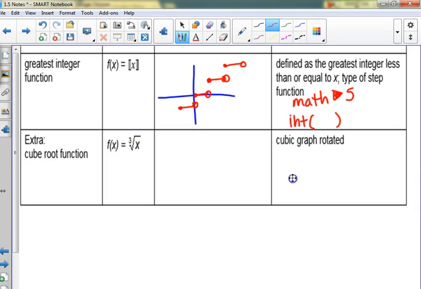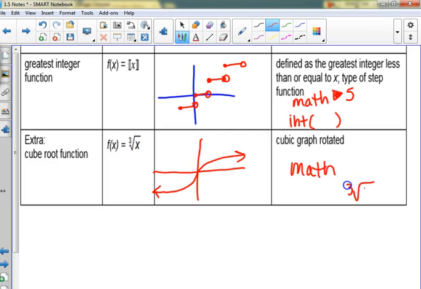All right, and a cube root function we will do in this class, and it looks like this. Actually, it looks pretty skinny, but that one's stretched, I guess. It's the cubic graph rotated sideways to a cube root. The cube root is under math, and it just looks like this.